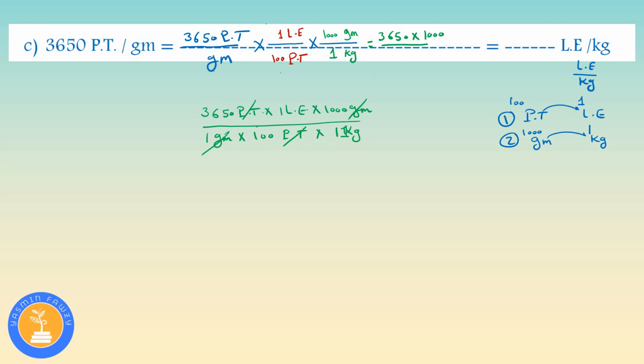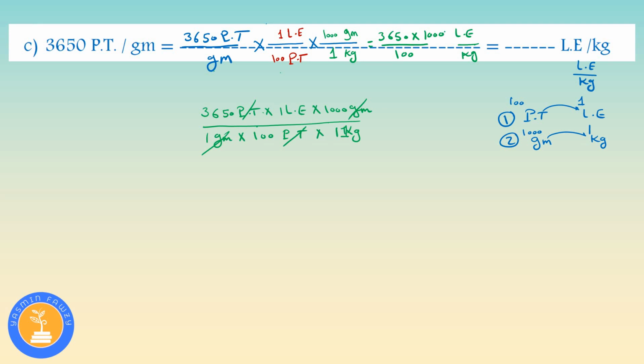And the leftover unit here is what? LE. Down, I have 1 times 100, which equals 100. And the leftover unit here is what? Kilogram. Now, the units I have are the same as the units I want. Yes, it is.